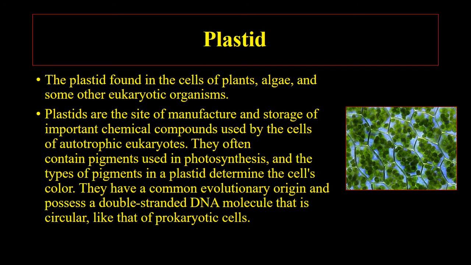They often contain pigments used in photosynthesis, and the types of pigments in a plastid determine the cell color. They have a common evolutionary origin and possess a double-stranded DNA molecule that is circular, like that of prokaryotic cells.